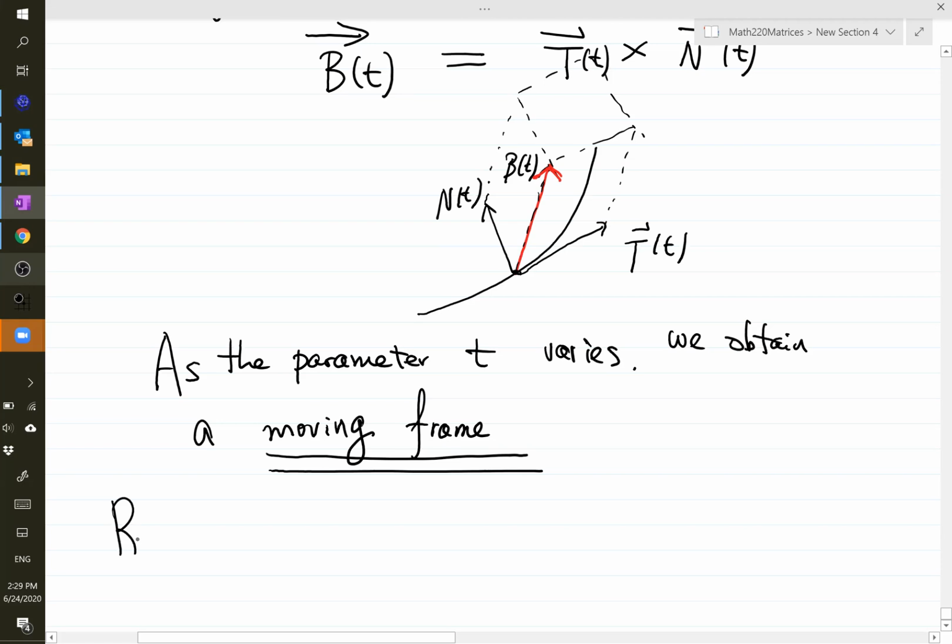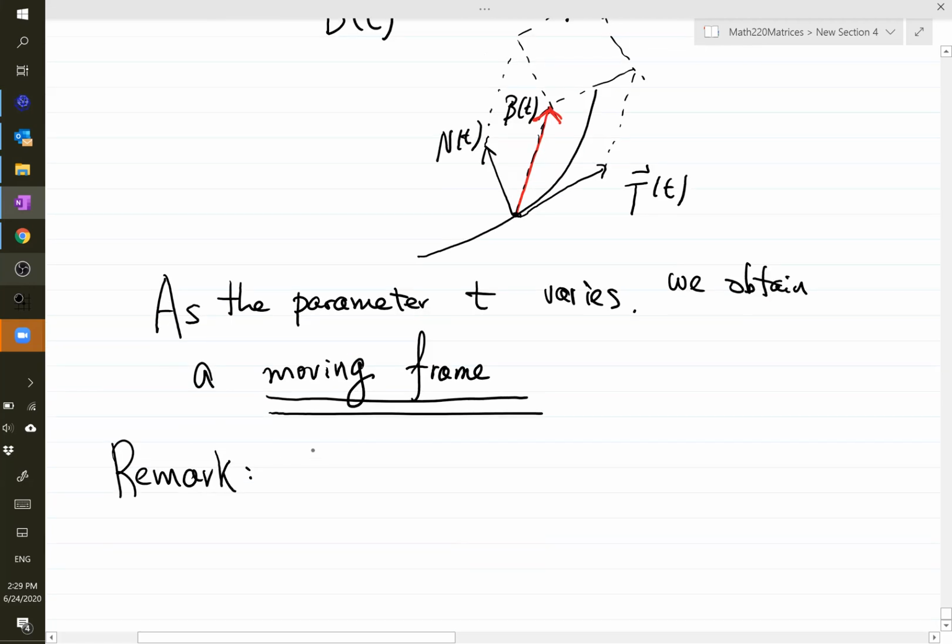So, remark: what kind of geometric property can we tell of this curve by a moving frame? For instance, one important quantity of a curve is its curvature. Because we determine the curve up to translation, essentially we should determine the curvature by this moving frame.